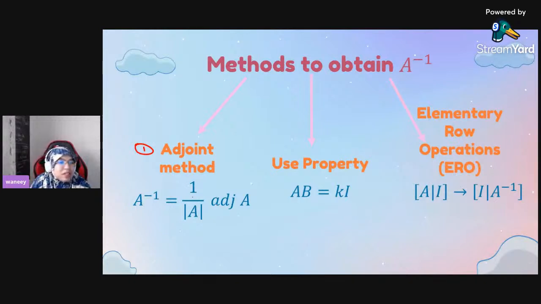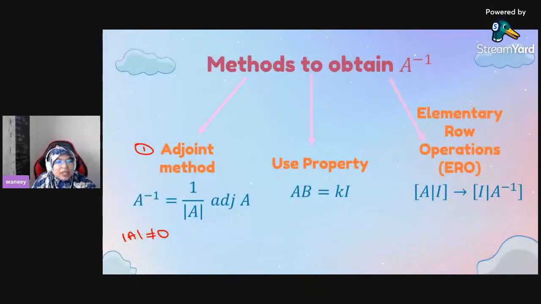So this is the reason why determinant of A cannot be equal to 0. Because basically, if the determinant of A is equal to 0, then you will have 1 over 0, which is undefined. So that's the reason why we have to be very strict, where the determinant cannot be equal to 0 if we want to calculate the A inverse.